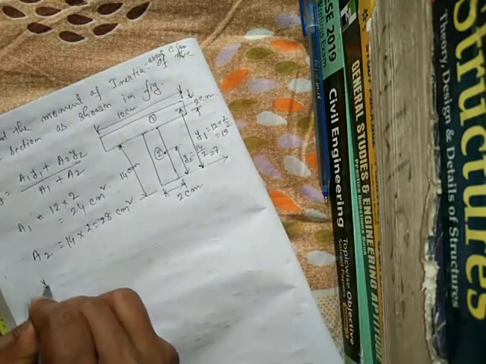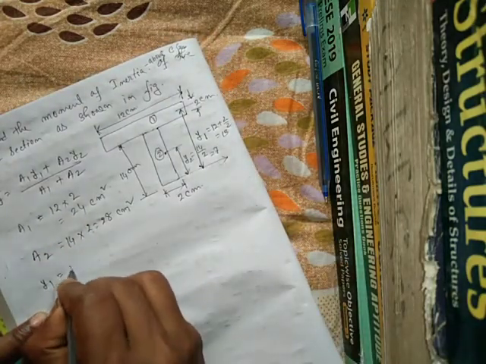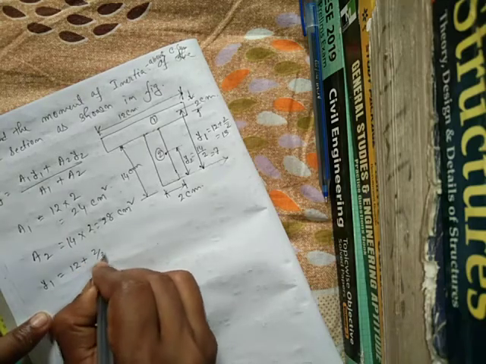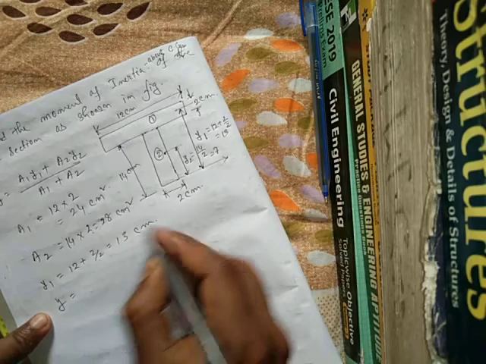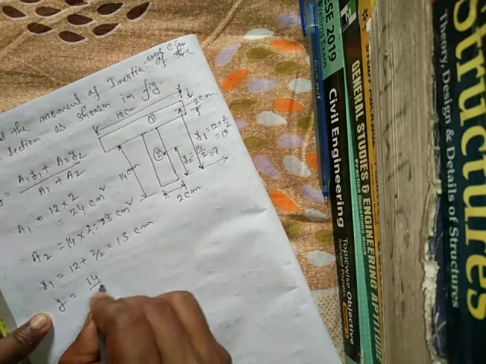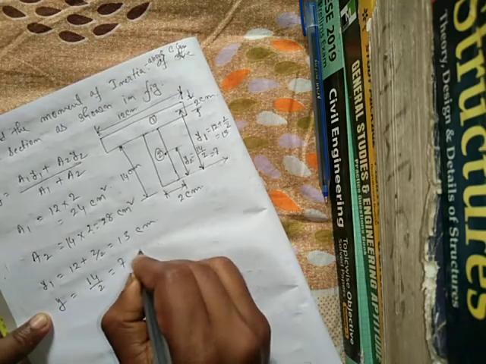So y1 equals 13 centimeter and y2 equals 7 centimeter.